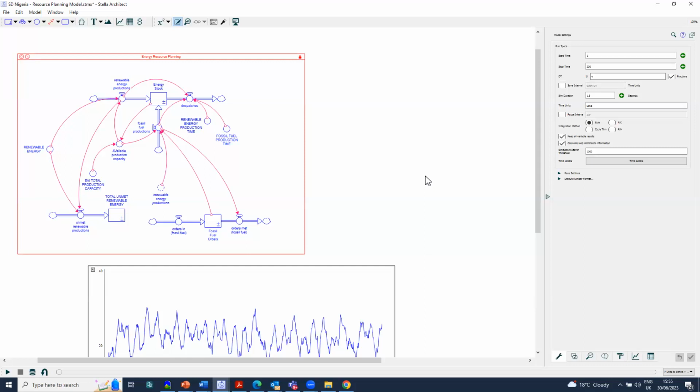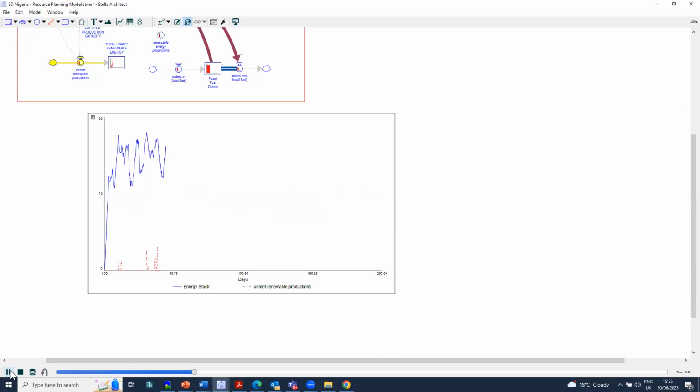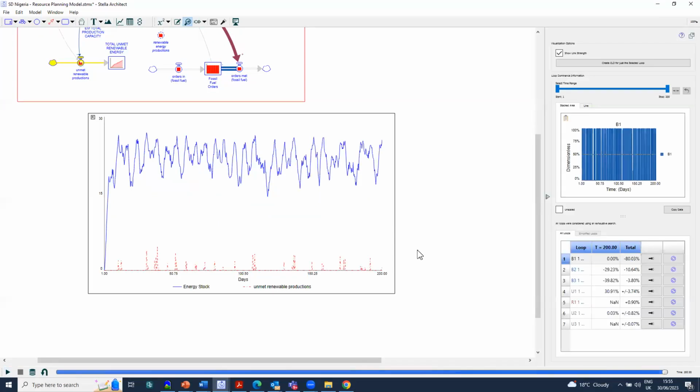Consider the renewable production time. So if you want to reduce the time to produce renewable energy, so what do you want to do to that time?